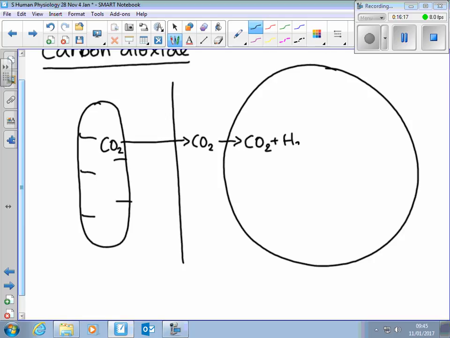Now, I was in two minds whether to do this, but because I mentioned this last week when we were doing respiration and talking about control of respiratory activity being down to hydrogen ions that came from this reaction, I thought I'd better put it in. This is not carbon dioxide dissolving in water. This is it reacting with water. And the first step here produces an acid called carbonic acid.